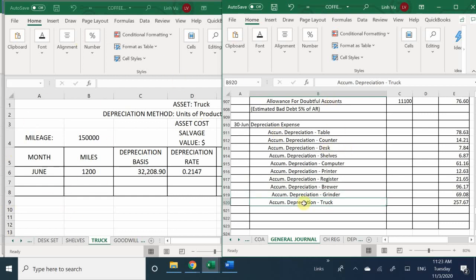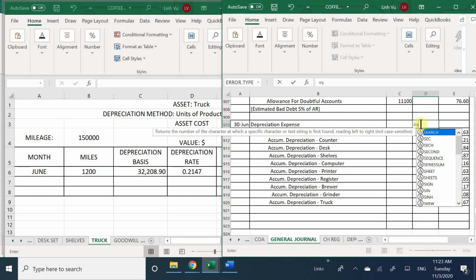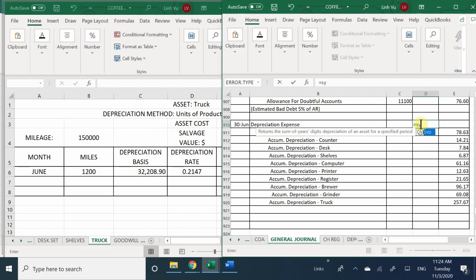Okay, so that gives me a grand total of how much depreciation expense? $625.91. $625.91 is what I got as well.